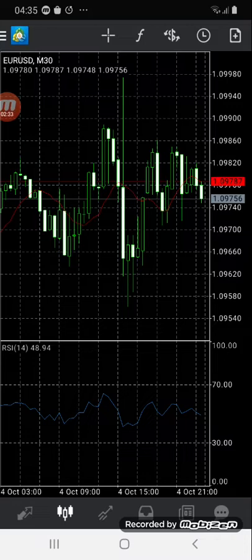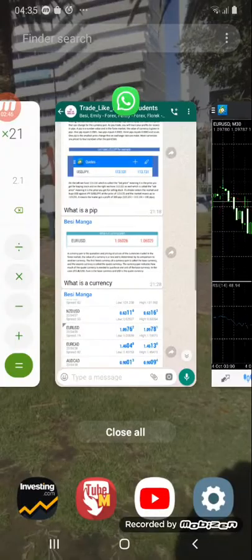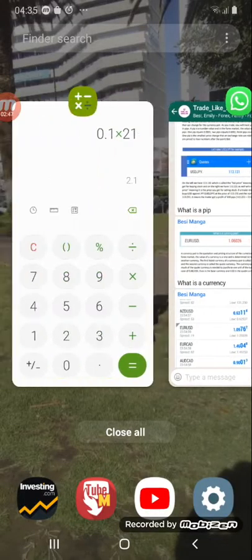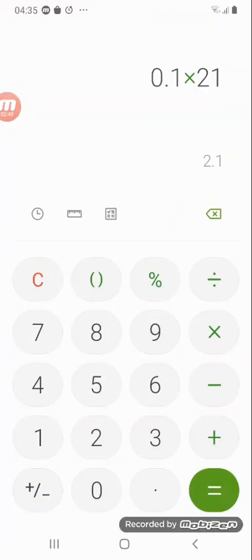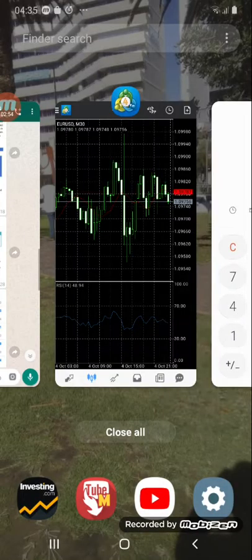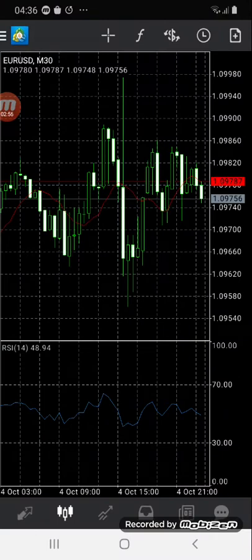The gray line is at the price of 1.09756. What is the difference in pips on those two? You just pull out your calculator. Remember, always ignore the 1 point. Just start counting from the first number after the comma.